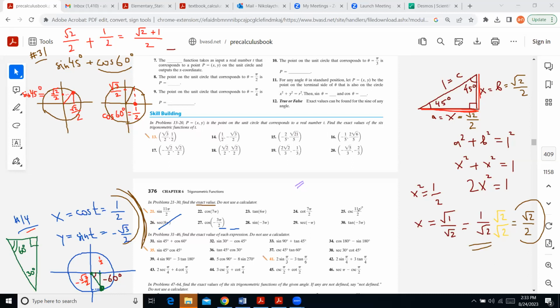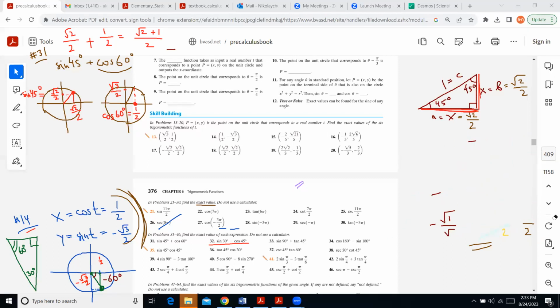So let me try one more. How about exercise number 32? So again, in this section, it looks like we deal with angles that are either 45 or 30 or 60. Maybe with negative signs, then what we can do is actually work them out. Maybe instead of degrees, I'll try one with radians for a change.